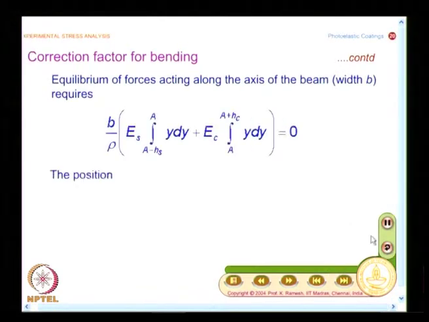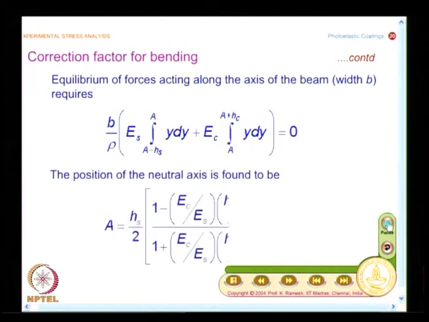And first let me write the force balance. So, the force balance you could write in this fashion, it is straightforward. On a beam under pure bending, the net force is 0.